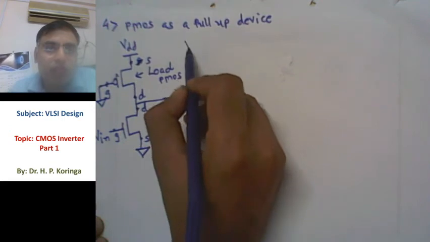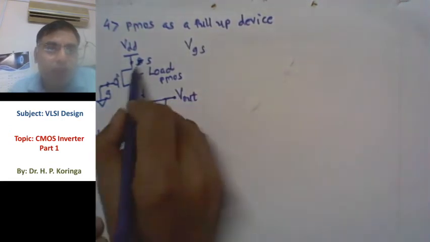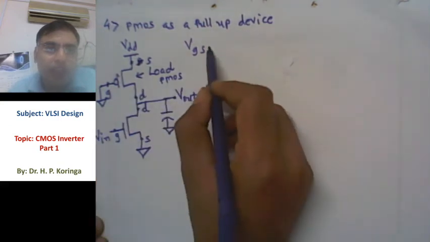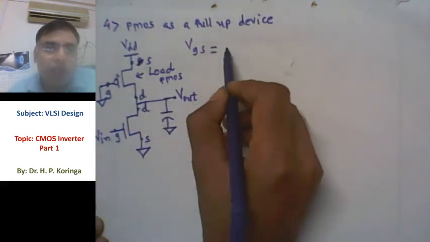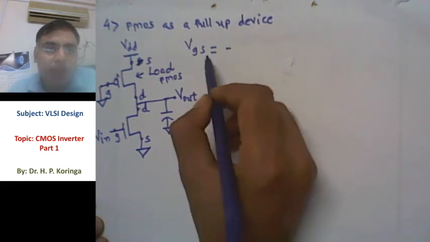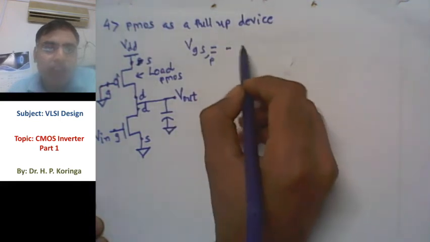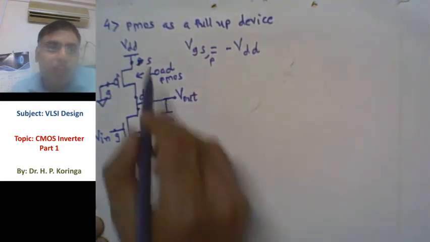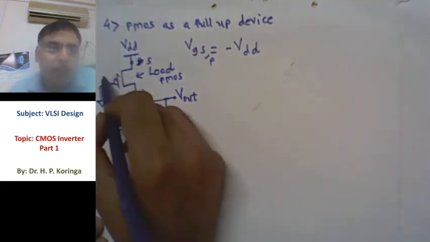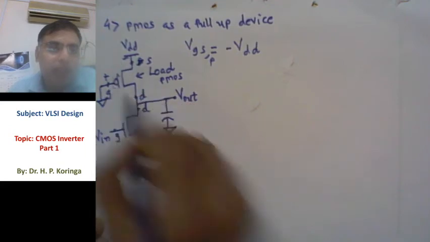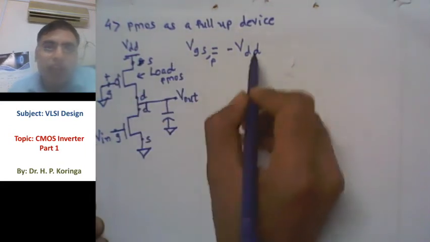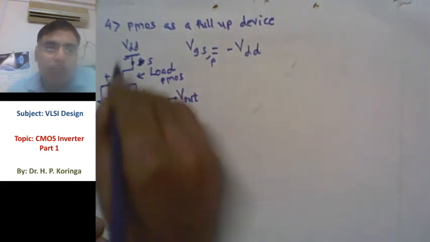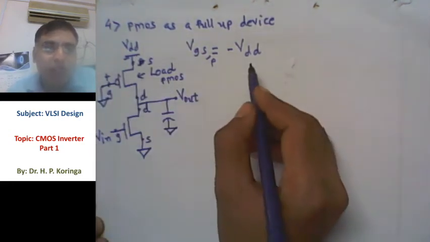So what is the VGS voltage of the P MOSFET? Source is connected to VDD and gate is connected to ground. So the VGS of this P MOSFET is equal to 0 minus VDD, so minus VDD. Now minus VDD is always less than the threshold, because the threshold of the P MOSFET is near about minus 1 volt.